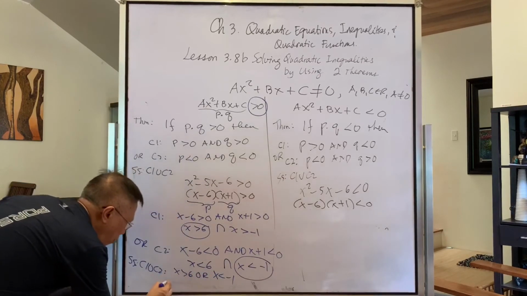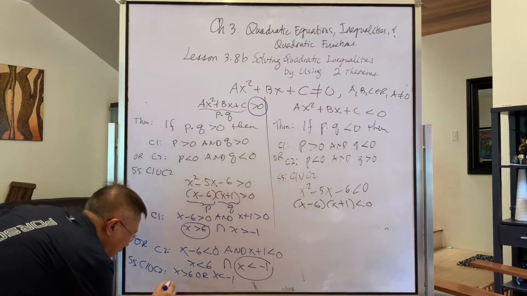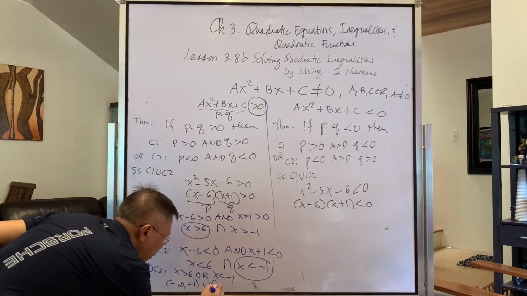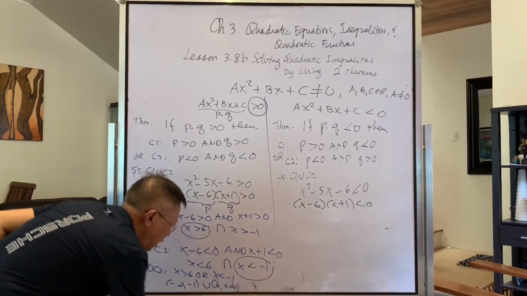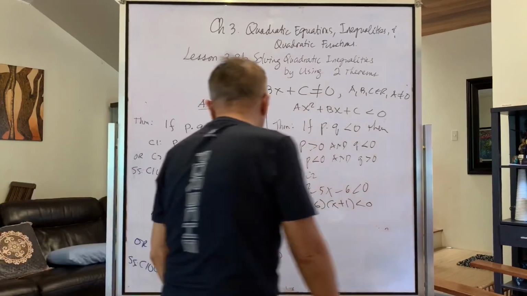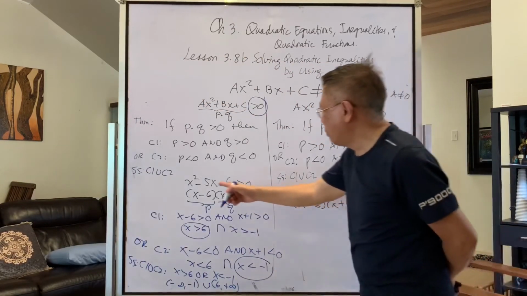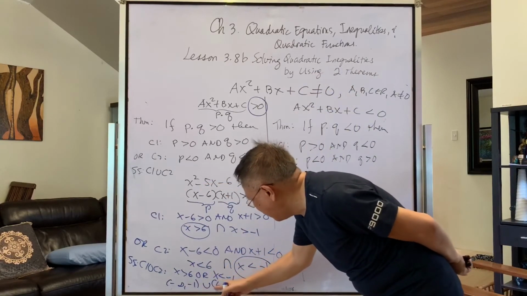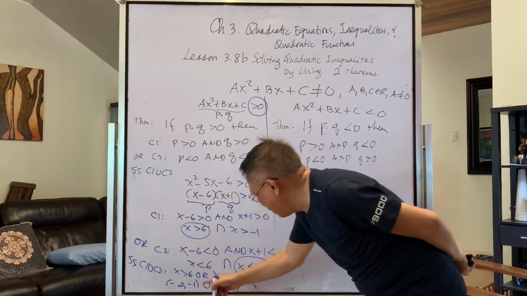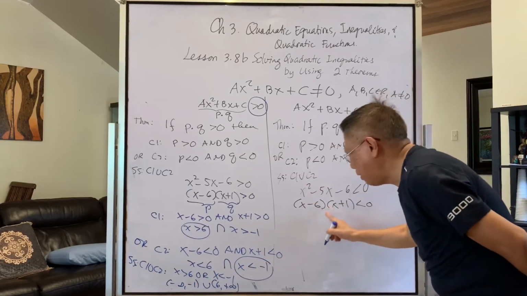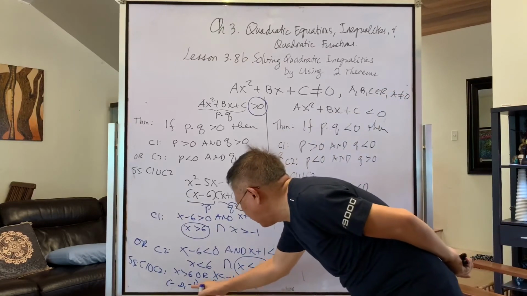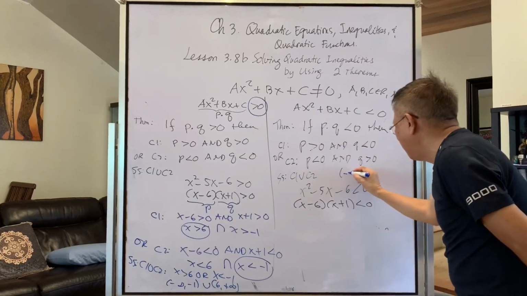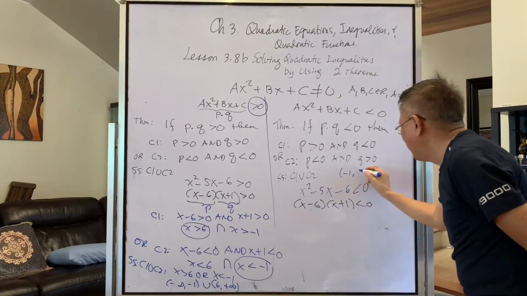In interval form, we'll start from negative infinity to negative 1 union 6 to positive infinity. Now, if the solution to x squared minus 5x minus 6 greater than 0 is this, then I can read my solution to this inequality to be the interval that's not included here. That interval is actually from negative 1 to 6.